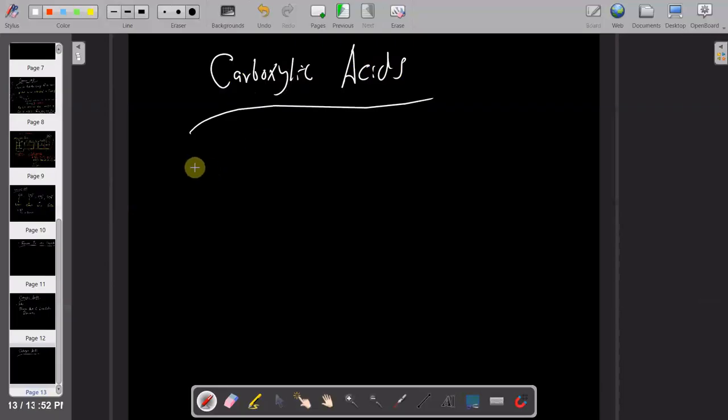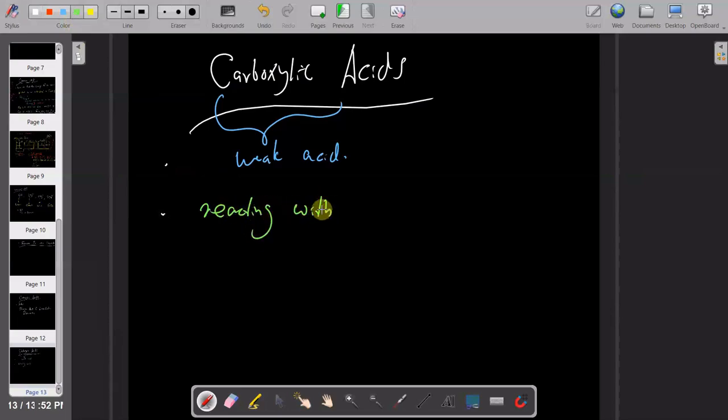Now carboxylic acid, actually it's a weak acid, remember, weak acid as the name says, right? And carboxylic acid reacting with metals, what does it give?